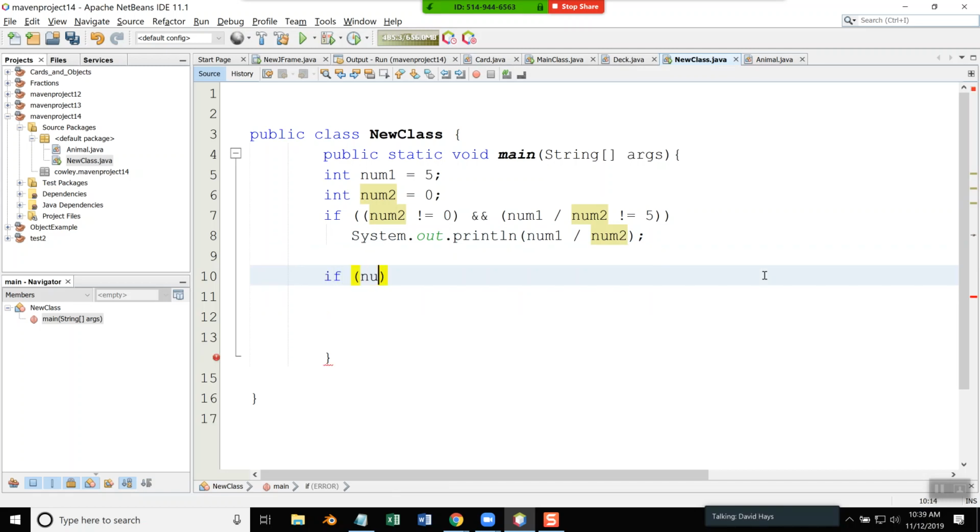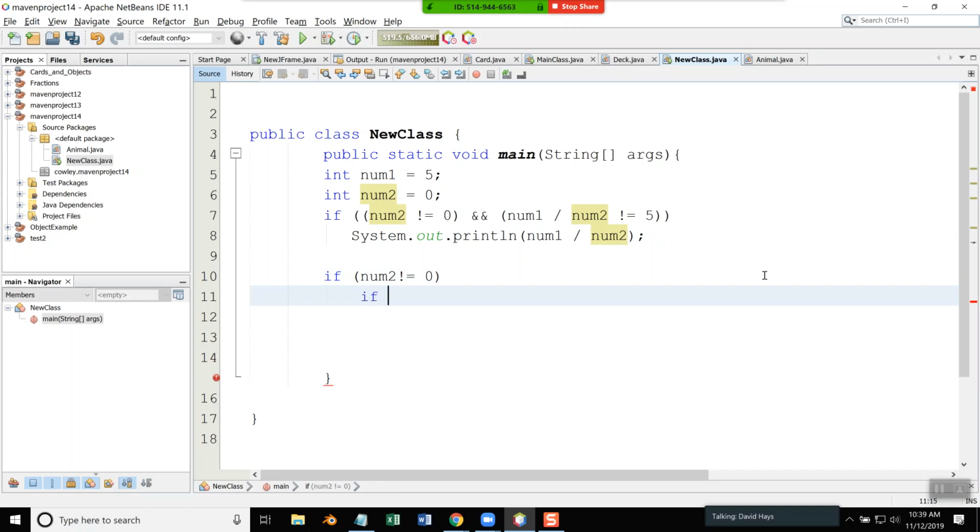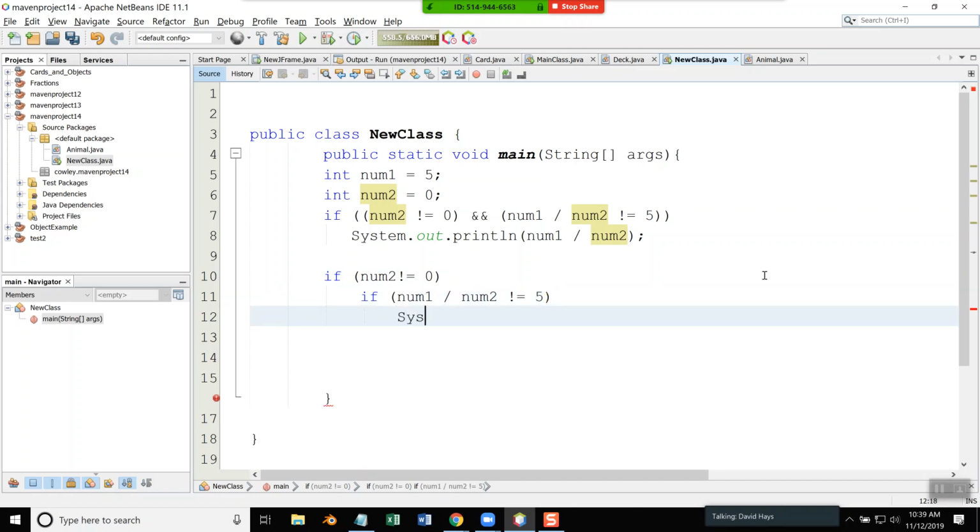I say if num2 is not equal to 0, then I'll put the if statement on step 1 here. I'll say if num1 divided by num2 is not equal to 5, then I'll do my system.out print line, whatever, like that.